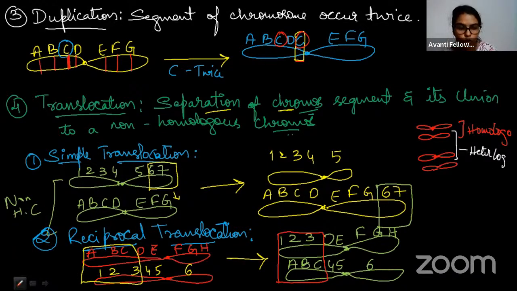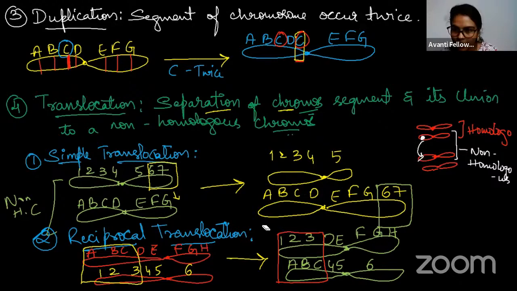I'll write here: this is homologous, this is non-homologous, because that's what I have written in the definitions. ठीक है, तो अभी क्या हो रहा है? A segment of a chromosome will separate and unite with the non-homologous chromosome.